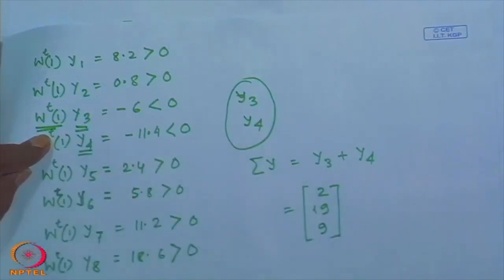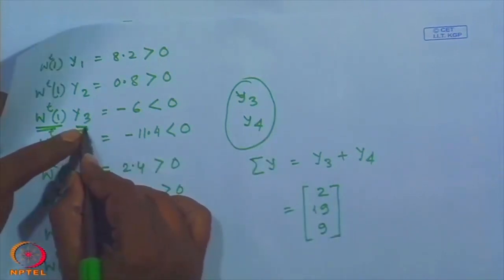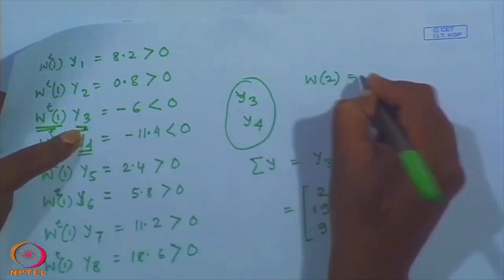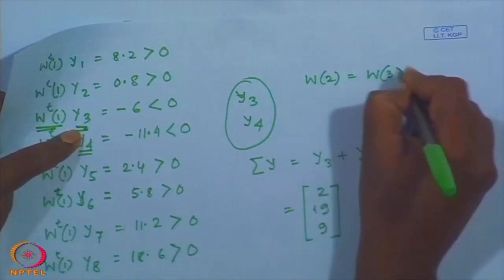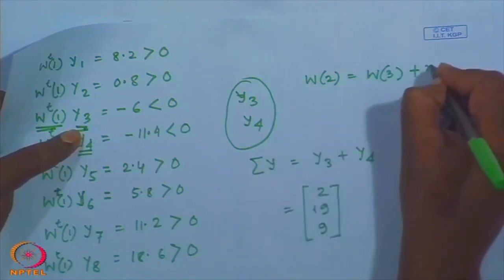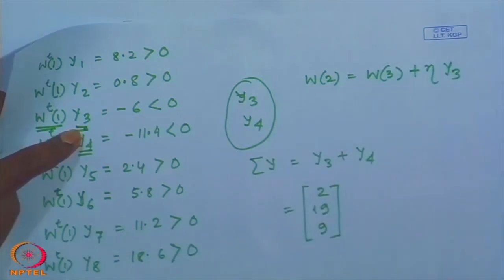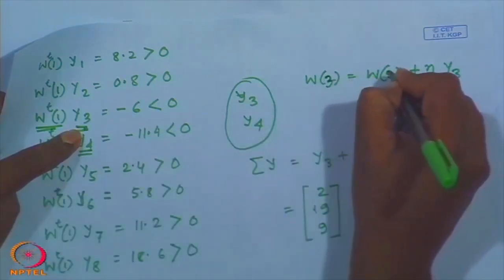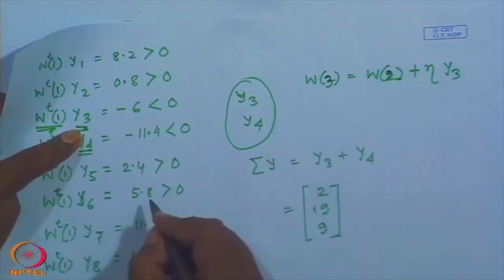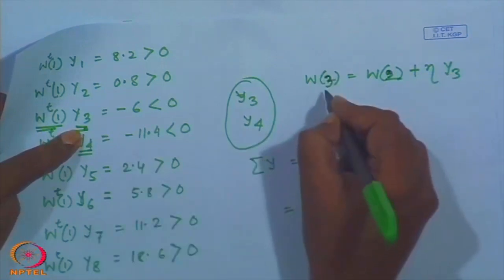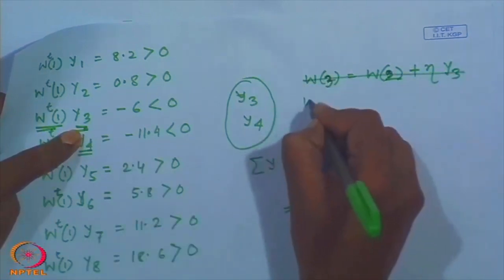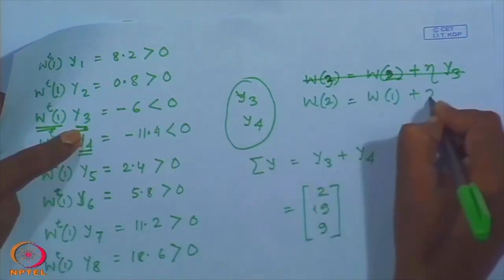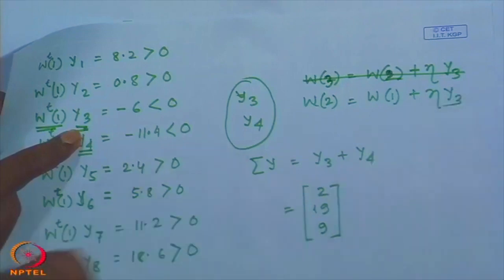Immediately I use this y3 to get W2, which will be W1 plus eta times y3.